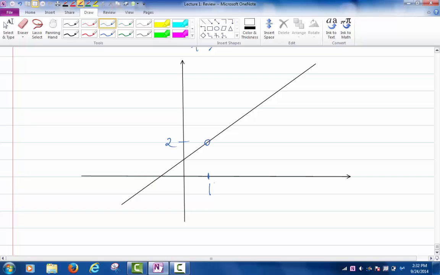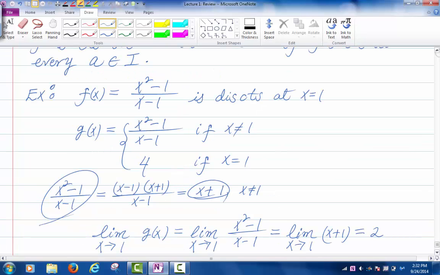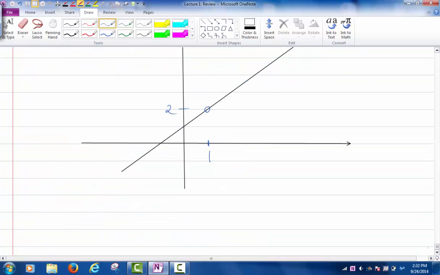I called it what? F, I think, right? So the graph that I have now, this is the graph of F. What's the graph of G? G is the same thing, except at 1, I said that the value of the function is given by 4. So that's G. Let me use red for that. That's G. And so now I have the graph of G.